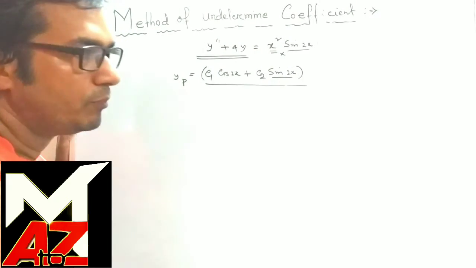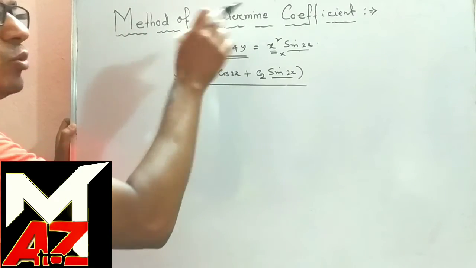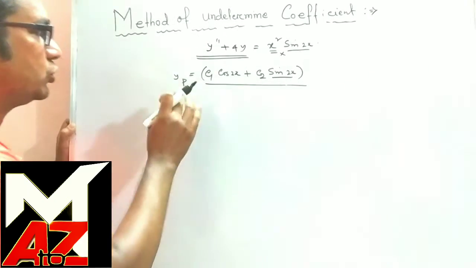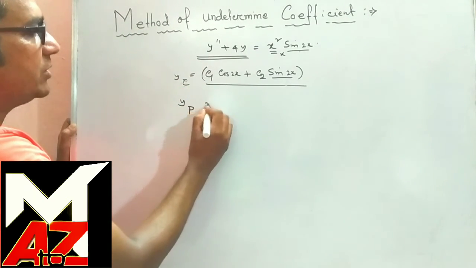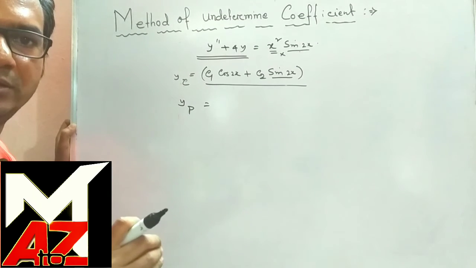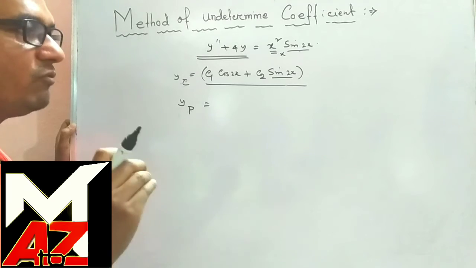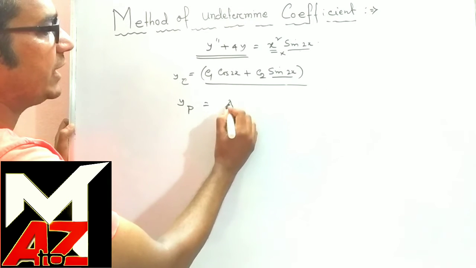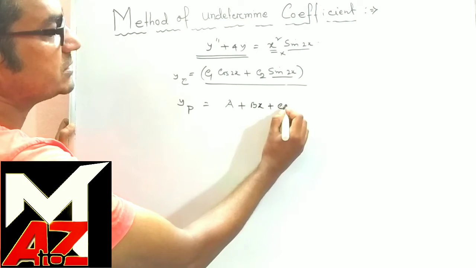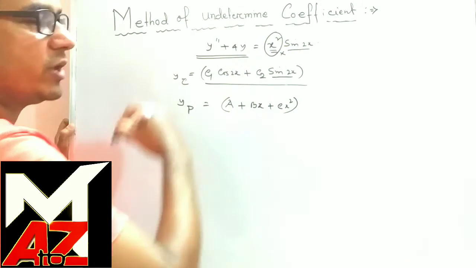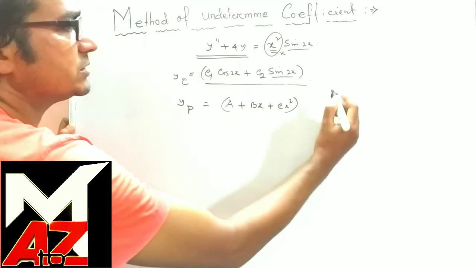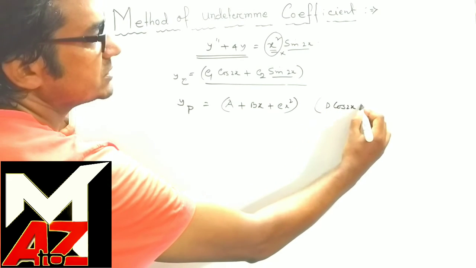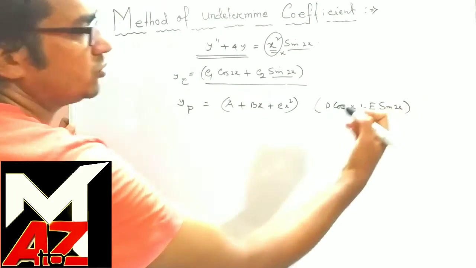So by the method of undetermined coefficients, to find yp, this being yc, we can take the particular integral of the form a0 plus a1x plus a2x square for this x square, and for this we let d cos 2x plus e sin 2x.